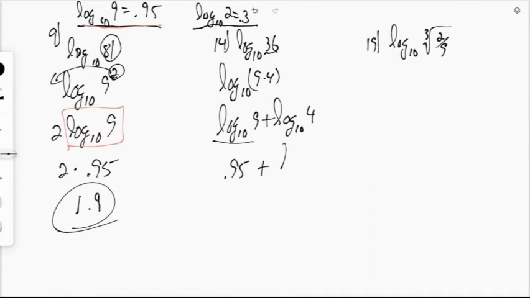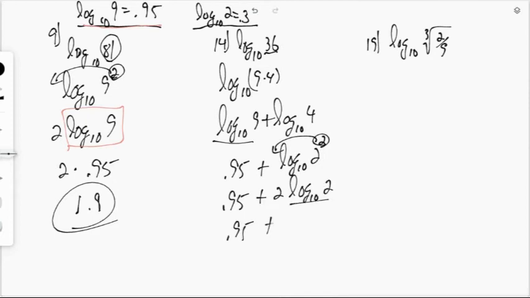Now 4 can be rewritten as log base 10 of 2 squared. The 2 gets to come out front, so 0.95 plus 2 times log base 10 of 2, which they gave us, so that's 0.95 plus 2 times 0.3, so that's 0.95 plus 0.6, so that's 1.55.